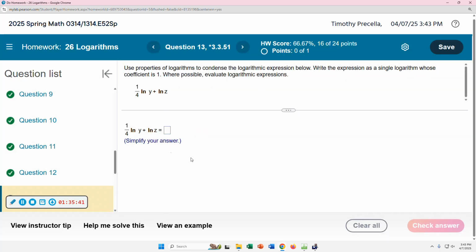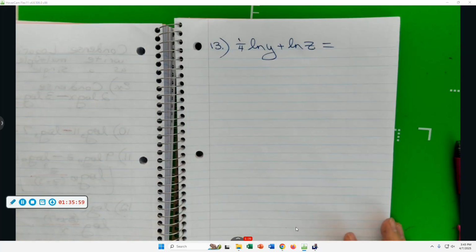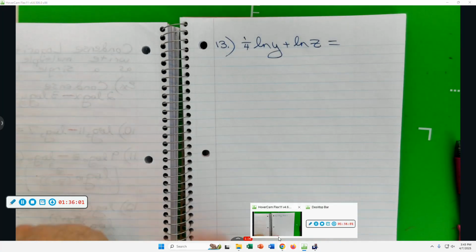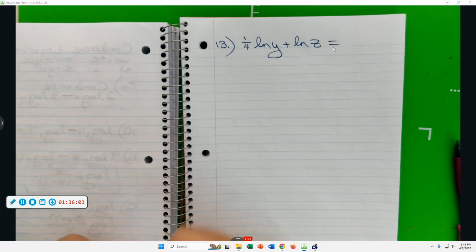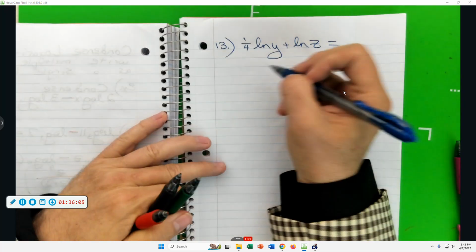Number 13. One-fourth ln y plus ln z. Okay. Well, once again, it says to condense. We're condensing logarithms. I'll write my ln notation.